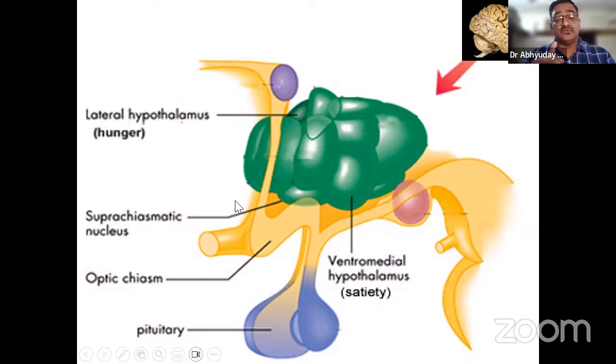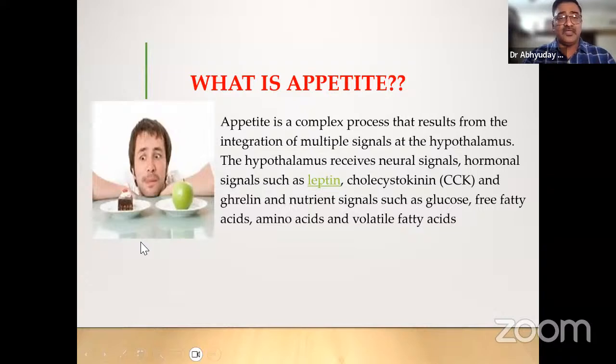So this we should know, because this will be our main guide to the way we proceed in future, even when we talk about the treatment aspects, which I shall not be discussing this time, but definitely we should know about these hypothalamic nuclei.